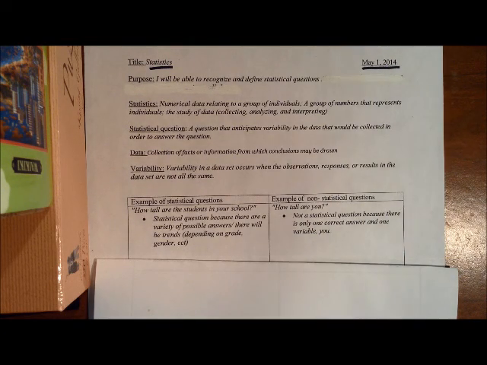I want to talk about one more aspect about statistical questions. And I would like for you to think about how certain questions will get a wide range of responses and other questions will get a more narrow range of responses. So certain questions, you'll get a bunch of different answers.